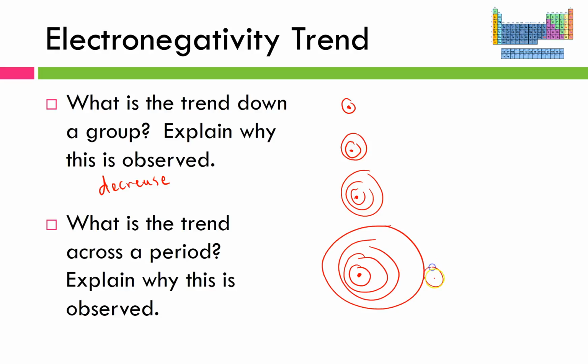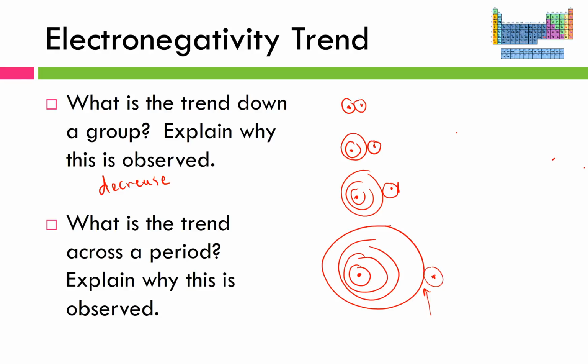So if I take another atom and bond it to my original atom, look at how far away the nucleus is from the electrons that are being shared. There's no way that nucleus is going to be able to have a strong pull on the electrons that are being shared at this point. However, as you go up the group and the atom becomes smaller, all of a sudden that nucleus is closer to that shared electron, or the shared pair of electrons technically.